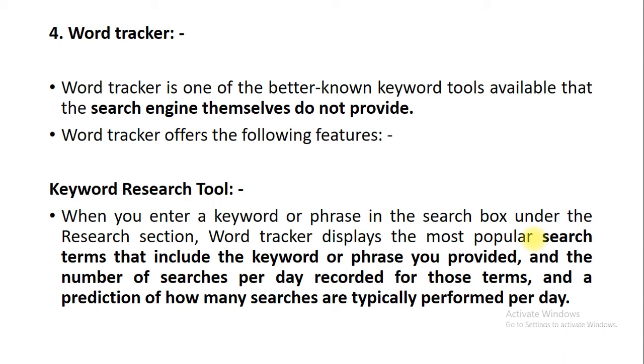Generally, when you type some keyword inside the search box, Word Tracker displays the most popular search terms which include whatever search term or keyword you have provided, the number of searches per day recorded, and also how many searches are typically performed per day. That prediction has also been given by Word Tracker. So this is one more option provided by Word Tracker.